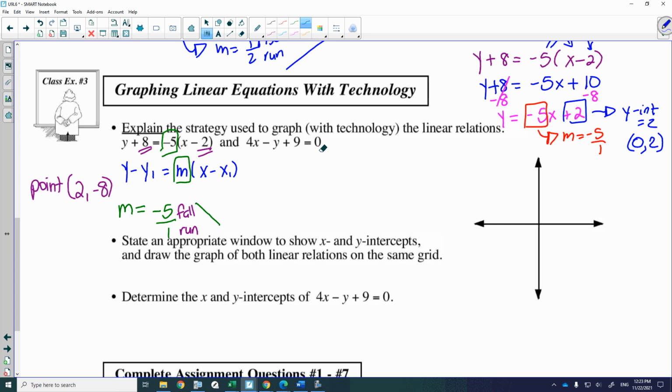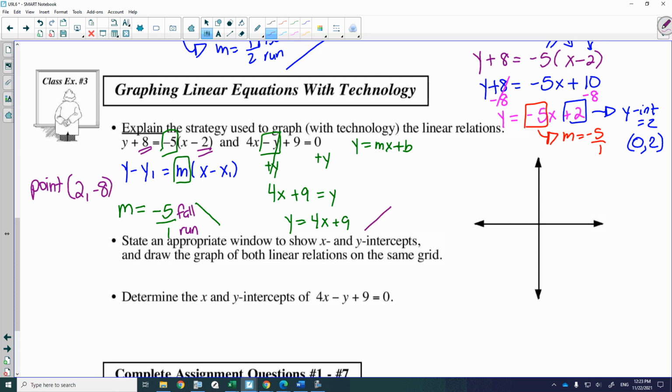You would add y. Remember, you always want to get to this. Y is negative, so she said add y. And then I'm just going to flip it for you. Y is equal to 4x plus 9.